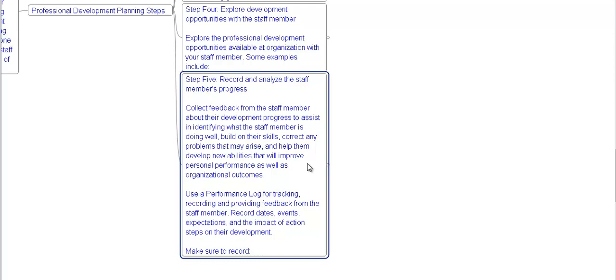Build on their skills, correct any problems that may arise, and help them develop new abilities that will improve personal performance as well as organizational outcomes. Use a performance log for tracking, recording, and providing feedback from the staff members. Record dates, events, expectations, and the impact of action steps on their development.